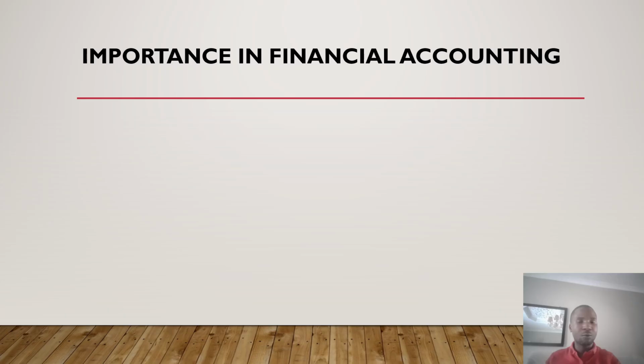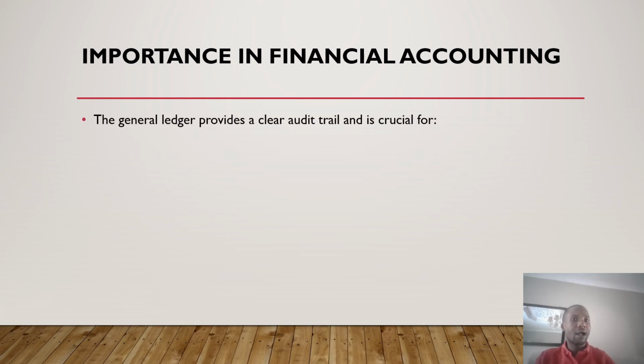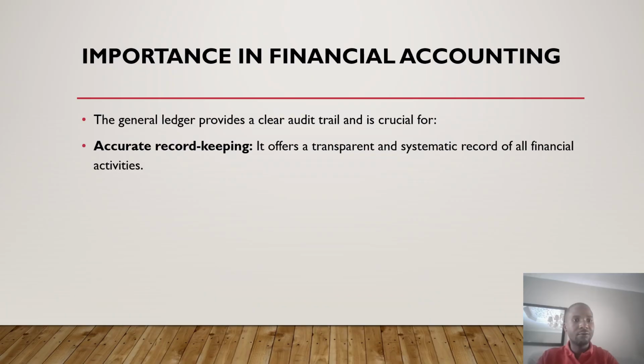Having looked at what the general ledger is all about, now let's look at why the general ledger is important in financial accounting. The general ledger provides a clear audit trail, and it is very crucial for many reasons, one of which is that it helps in accurate record keeping.